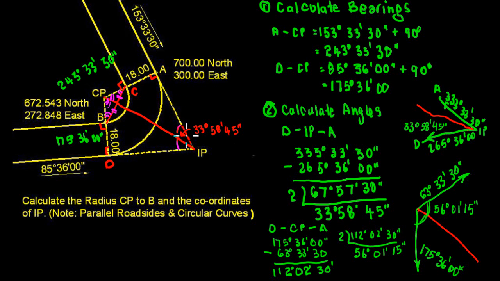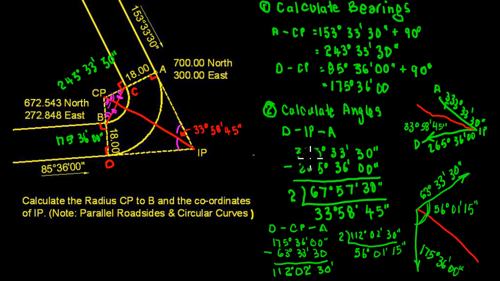Now I calculate first of all the angle DIPA, which is this angle here. Over here I've got some diagrams where we put together the bearings so that they're going away from the middle of the angle. So 33 degrees, 33, 30 here, of course the reverse of 153, and 265, 36, the reverse of 85.